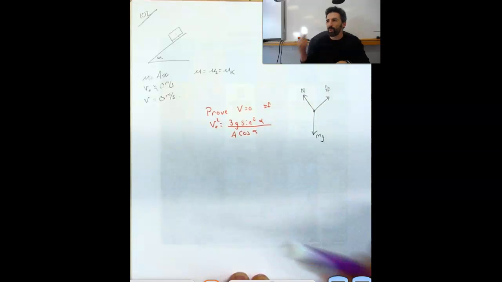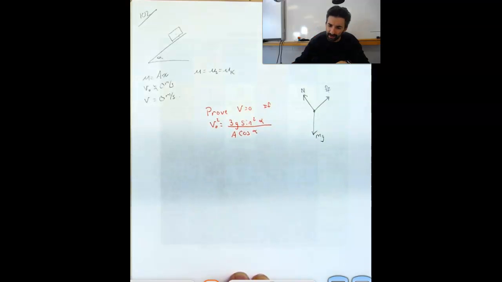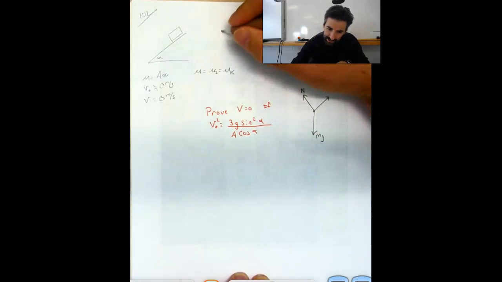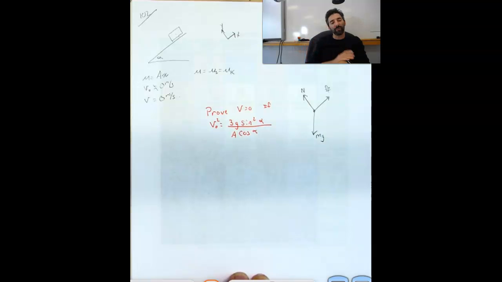Now you might be thinking, why is my frictional force going up the hill? Well, let me put a coordinate system here as well. I'm going to use this as my XY coordinate system. And I'm saying frictional force going up the hill because I'm going to examine the limits of this experiment.